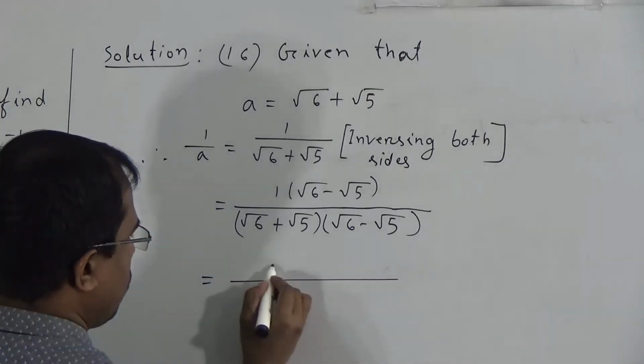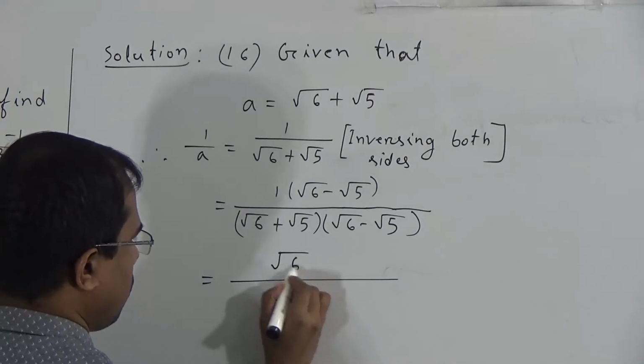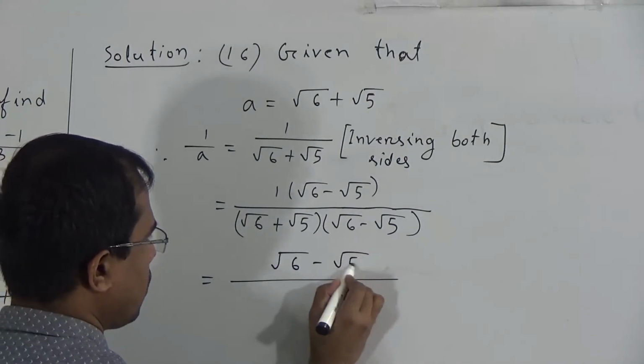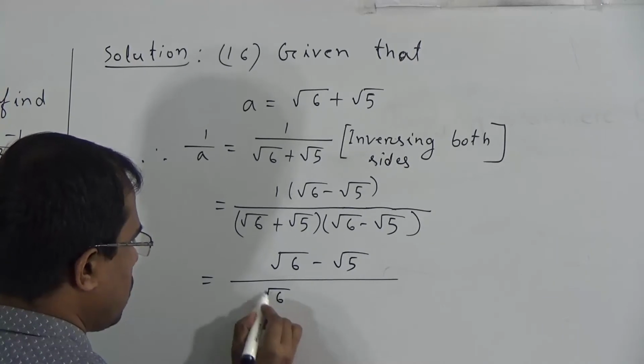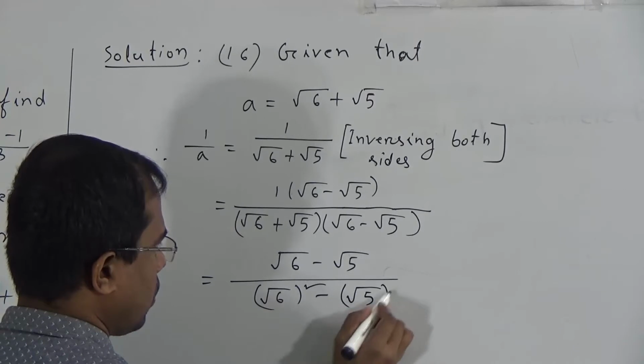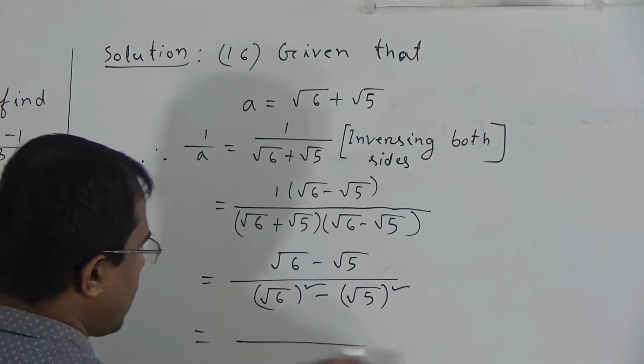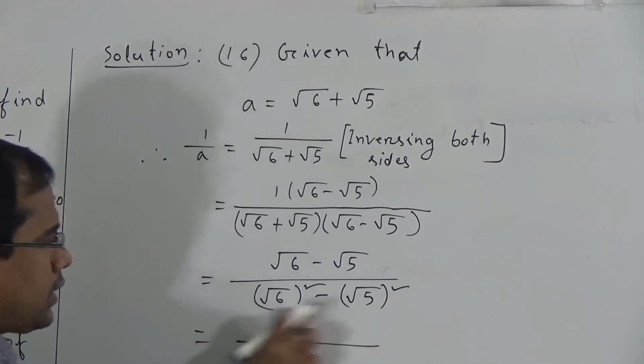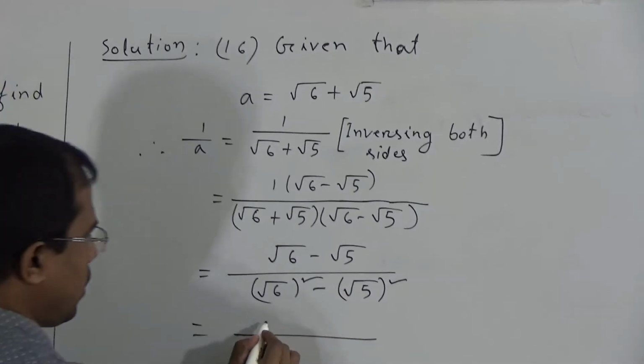So, root 6 minus root 5 divided by root 6 whole square minus root 5 whole square. Now the root and square can vanish, so only 6 minus 5 will exist here.